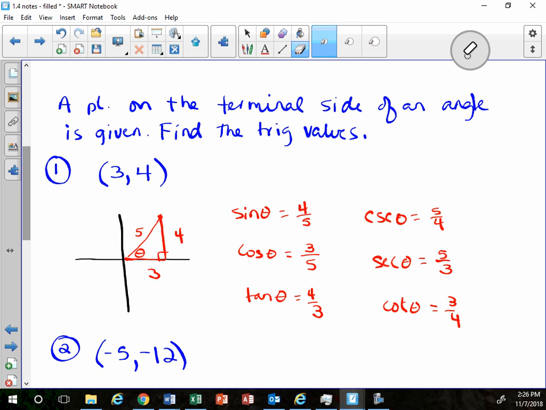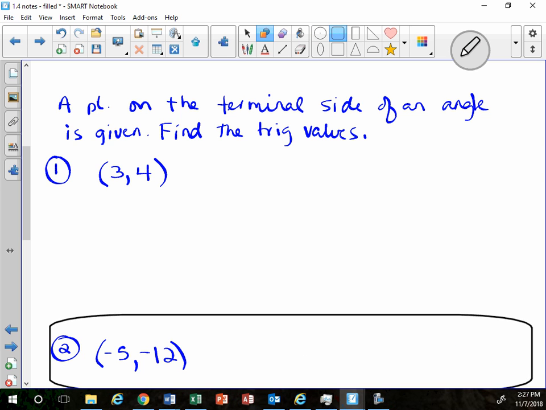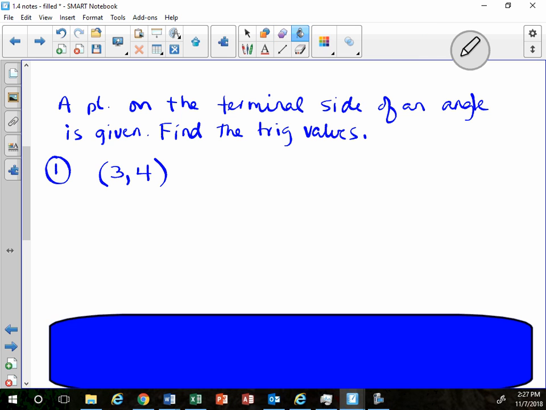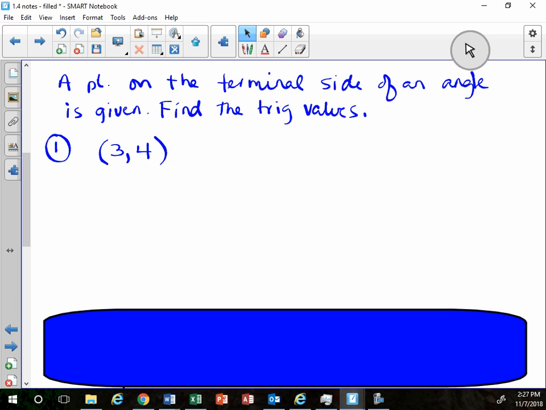Now we've got to do some problems. Ignore all that. We'll do that together. Okay, jot this one down. A point on the terminal side of an angle is given.